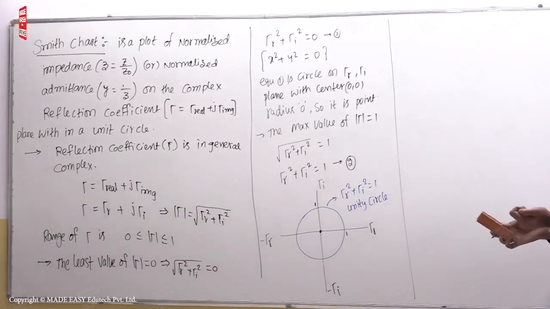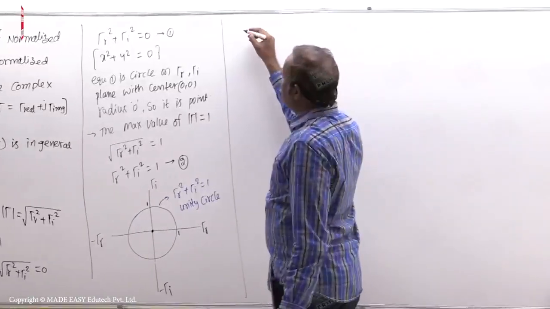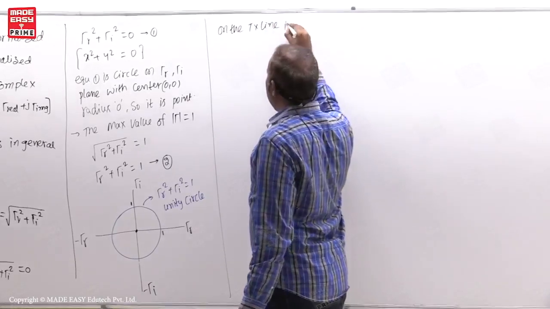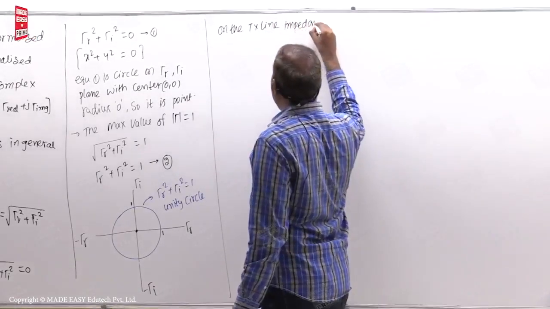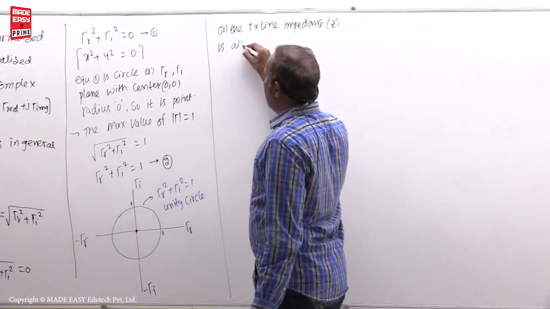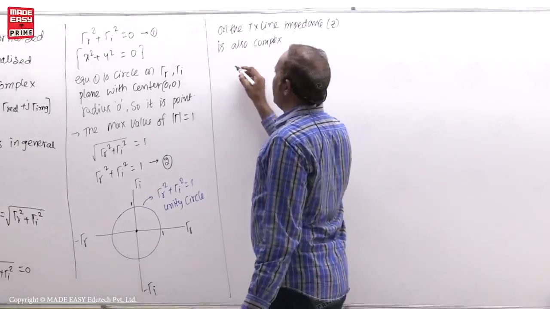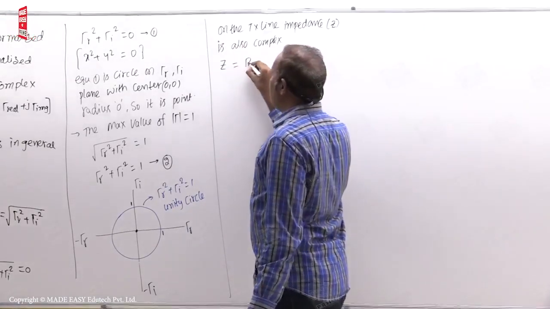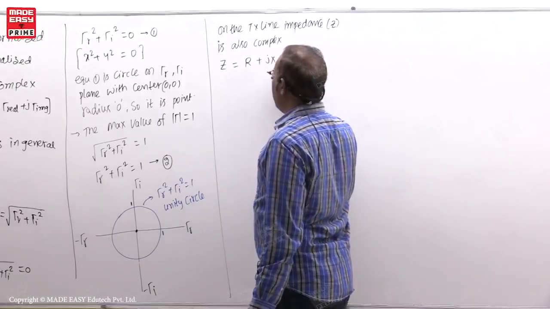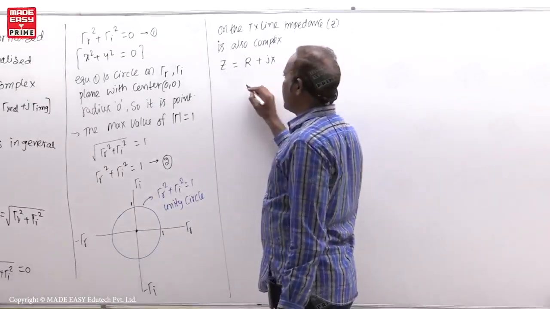Now the next point I am going to discuss. On the transmission line, the impedance, that is Z, is also complex. So Z has a real part, that is called resistance, and an imaginary part, that is called reactance.